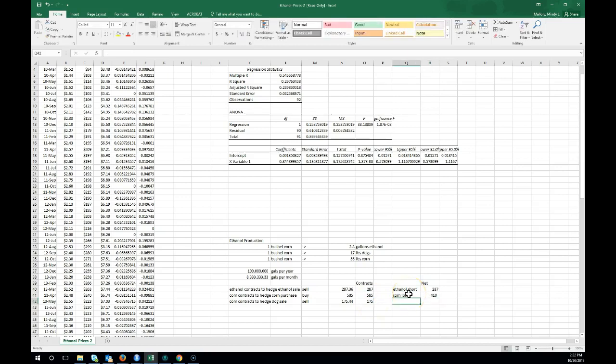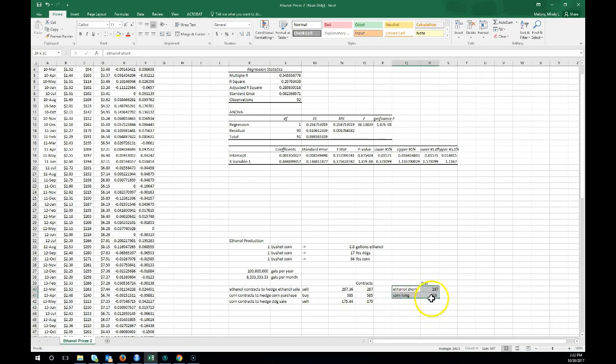Okay, now it's a little bit complicated because we would need 585 contracts to hedge our corn purchase, but we would need to be short 175 to hedge our DDG sale. But these two things are going to come out in the wash, because it's like we would immediately buy this many and sell that many. Well, part of that's getting canceled out. So what we're really going to be long is 410 of the corn contracts.